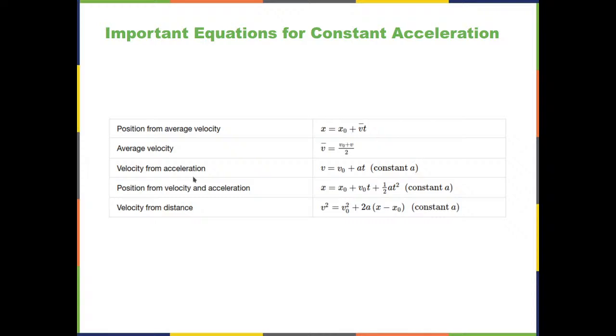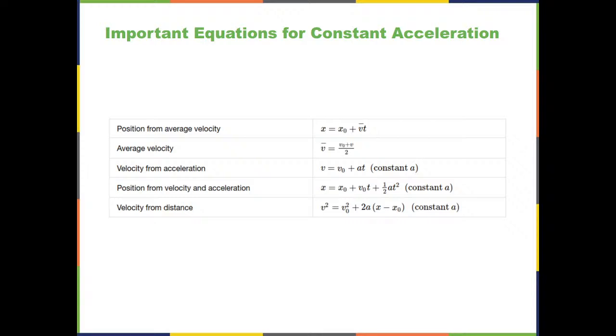We can get velocity from acceleration. So final velocity is initial velocity plus the acceleration times the time. We can get position from velocity and acceleration. And we can get velocity from initial velocity, distance, and acceleration. Those are the formulas that we are going to use for these kinds of problems, and we derived them last time.